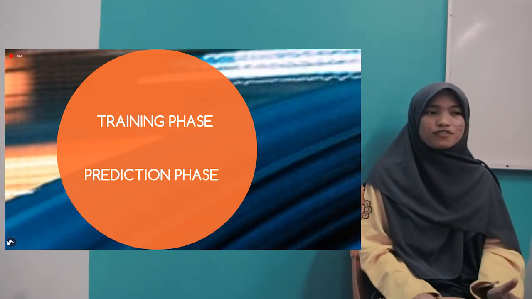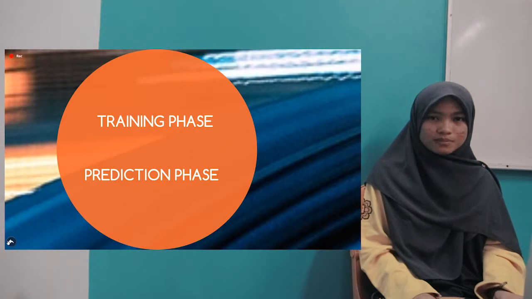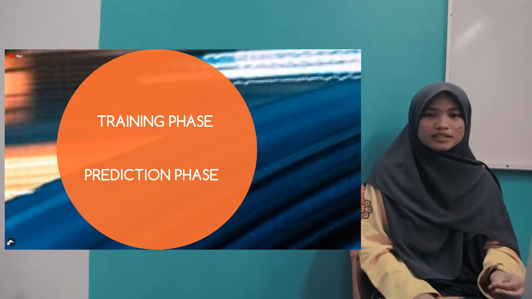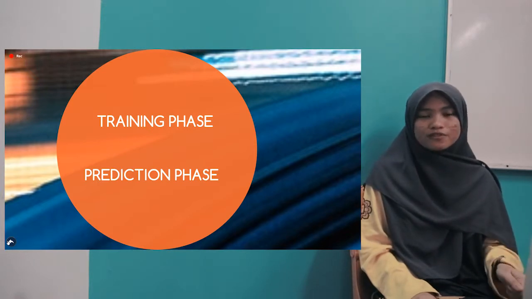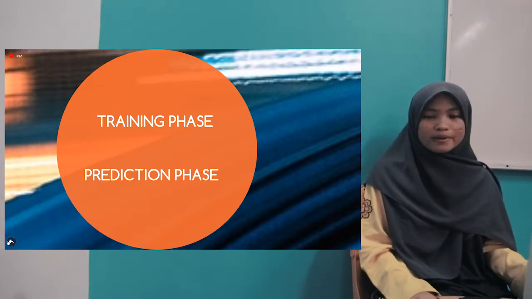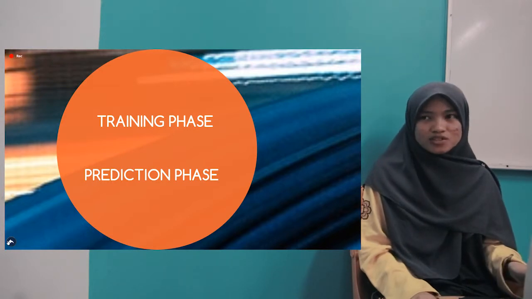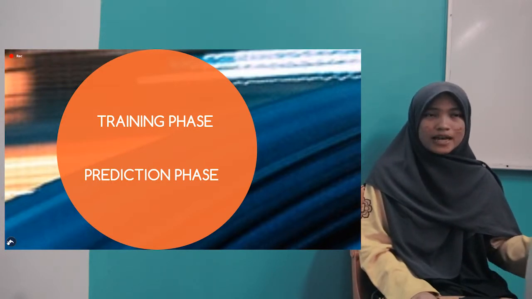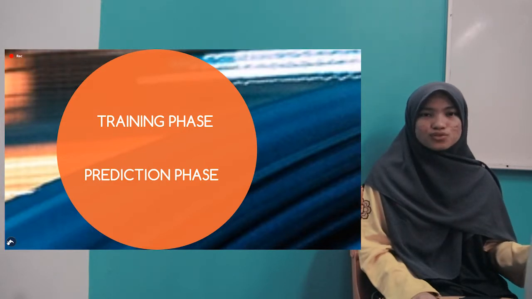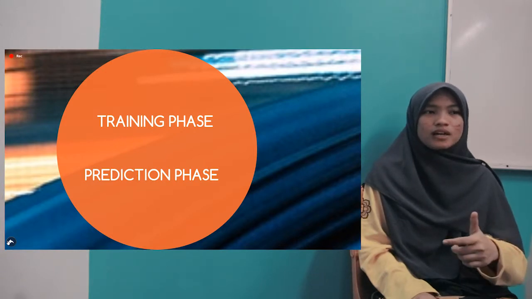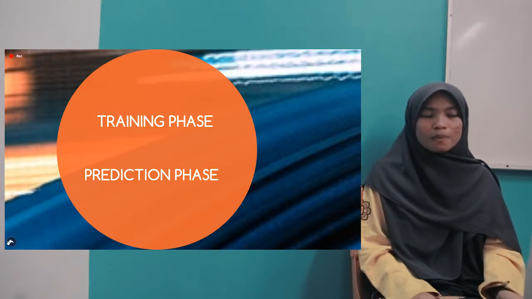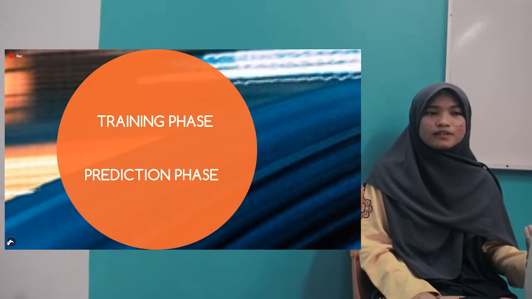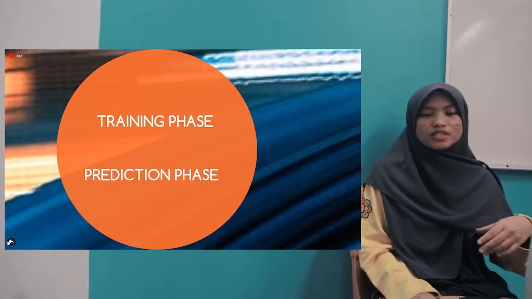In the prediction phase, the features and descriptors also will be extracted from the test image only, and then the classification can be performed by comparing the features extracted from the test image and the features extracted from the training image in the training phase. So basically from this prediction phase, we can have the accuracy and the precision of the output, which can be calculated in this phase.